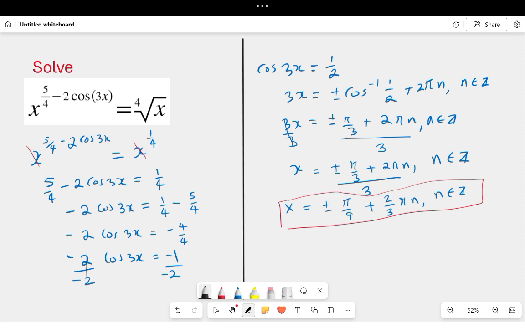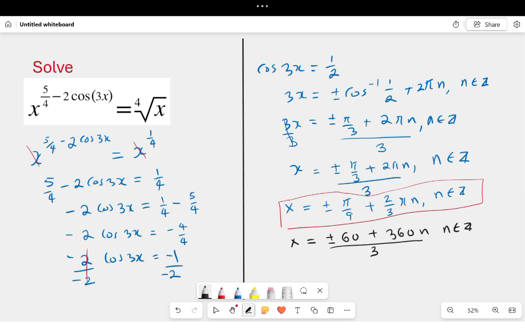So we are going to say x will be equal to plus or minus 60 degrees plus, instead of 2 pi, we are going to use 360n, and n are all the integers. And then everything here we are going to divide by 3.